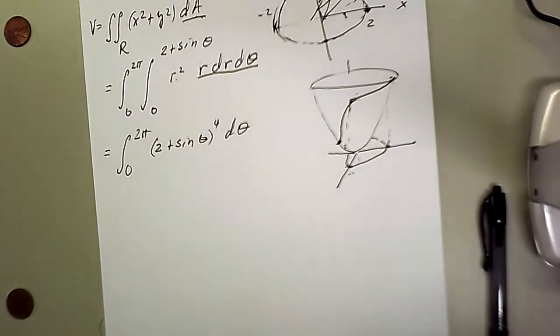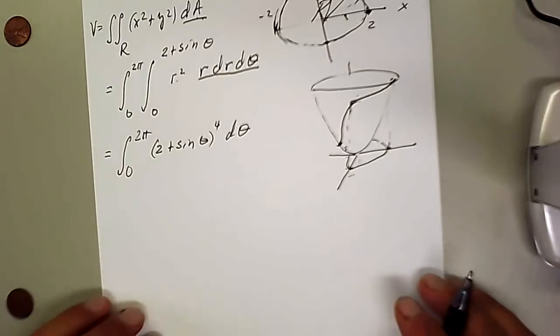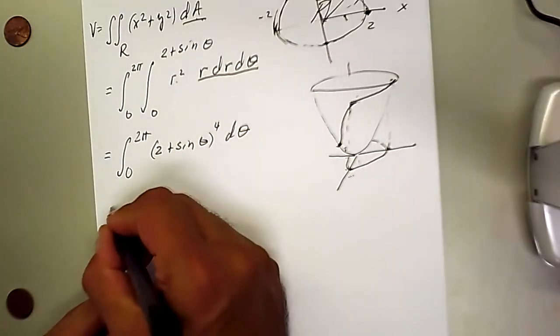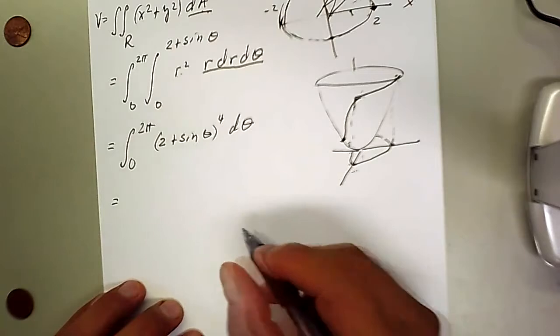Yes, this integral is kind of long, but it's not that difficult after all. First, I'm going to FOIL this out. And again, by FOIL we mean multiplying it out.